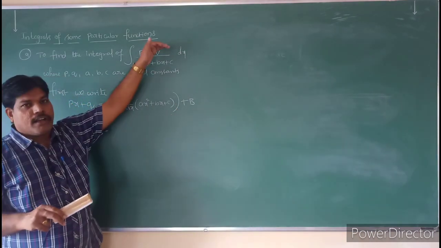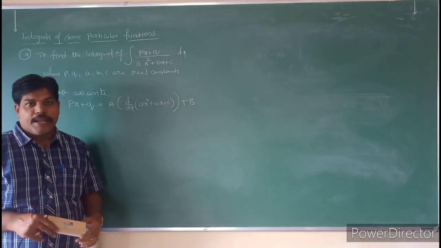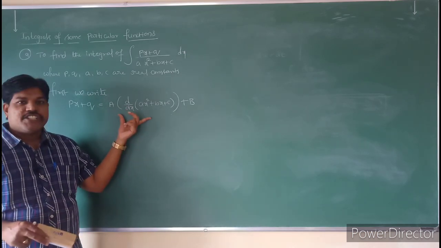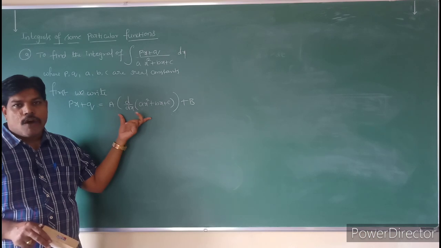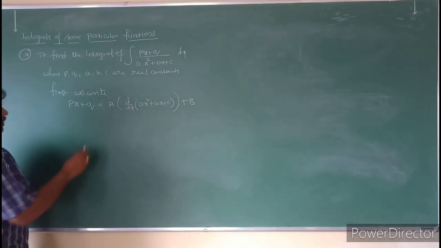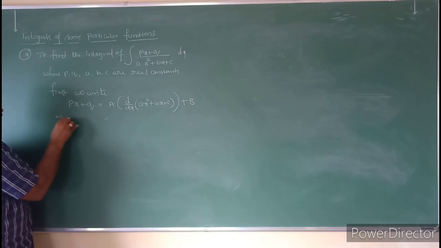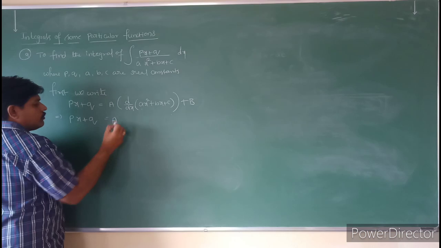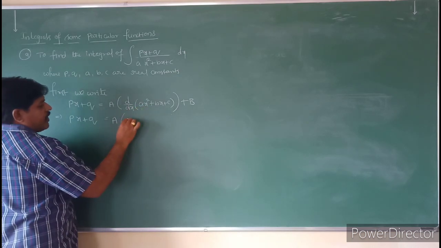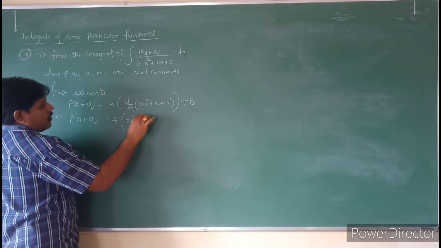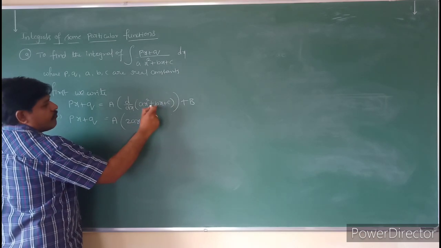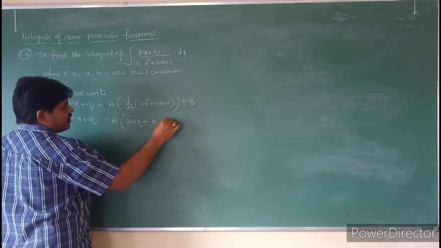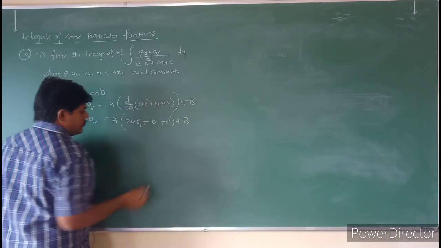So the numerator I am converting depending upon the denominator. So px plus q we will change in this model. How to change that one? See that one, that implies px plus q is equal to a into derivative of ax square, which is nothing but 2ax, plus derivative of bx, which is b into x derivative is 1, plus c constant is 0, plus b.